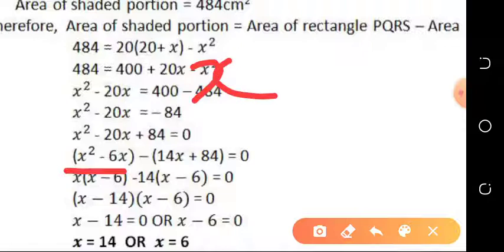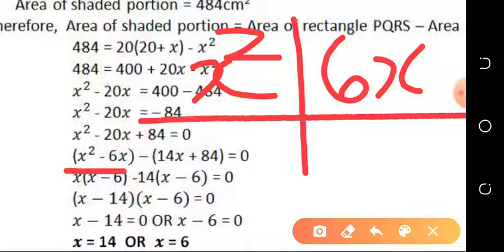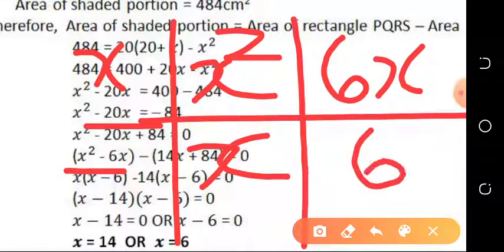For those that may not really know the highest common factor, you take 6x and x squared and run long division for it. What can cancel it? x can cancel it because you have x in x squared and x in 6x. x cancels it, you have x remaining here, and x goes here, you have just 6 remaining.